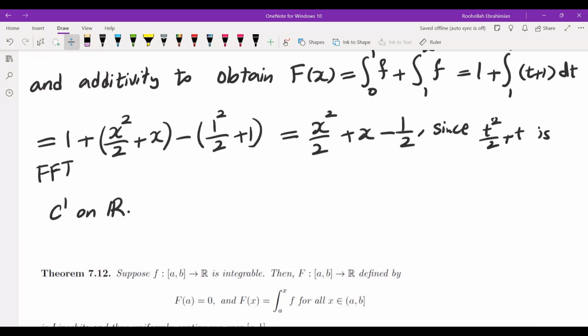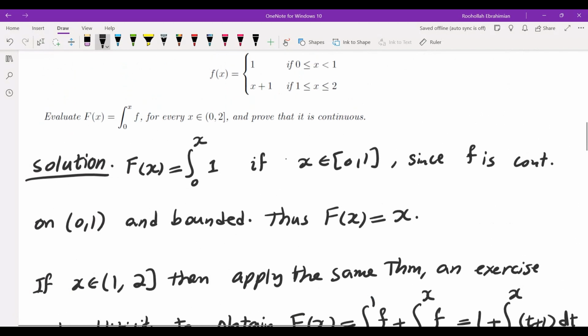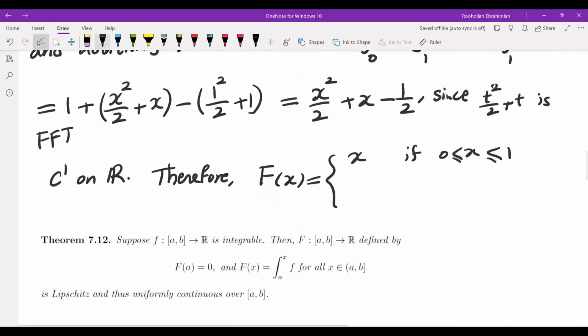Therefore, we get our function. We get F(x) is equal to x if x is between 0 and 1, and at 0, I cannot really define it because it's the integral from 0 to 0. That's not something we have defined.